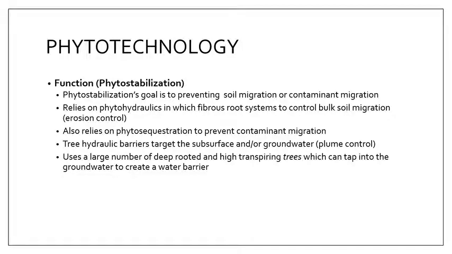The root systems of the trees can provide barriers to keep plumes from going any further within the groundwater. So if your tree roots are deep enough and dense enough to create a hydraulic barrier on a groundwater plume, they can be used as a plume control.